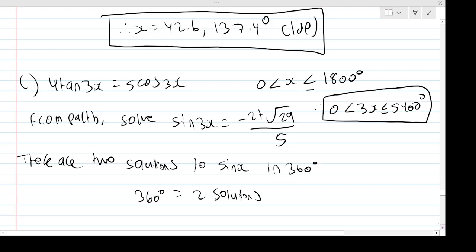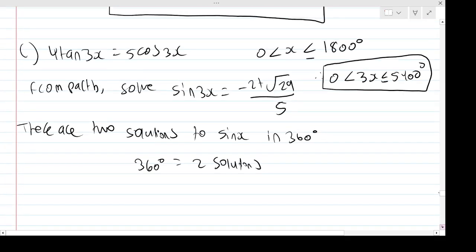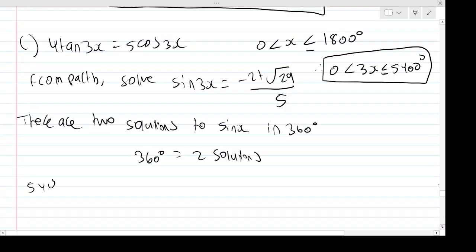So let's see what 5,400 divided by 360 is. How many times do we need to repeat 360? 360 is two solutions. What I'm basically saying is, how many times do we need to repeat that 360 to get to this end point? We just do 5,400 over 360. That actually is 15, which is quite nice.